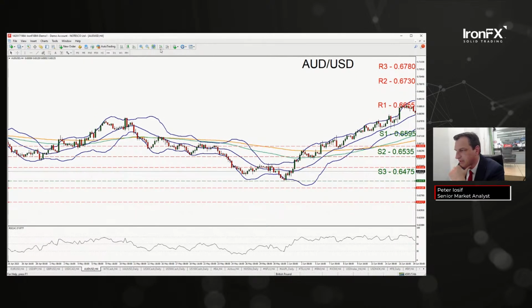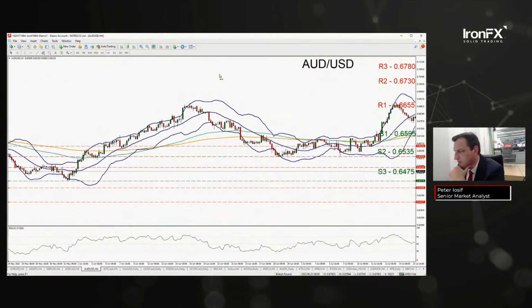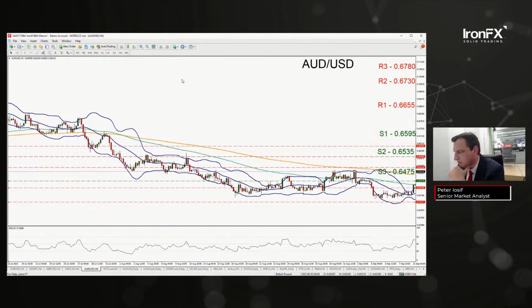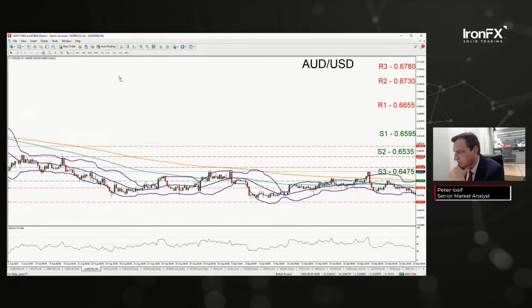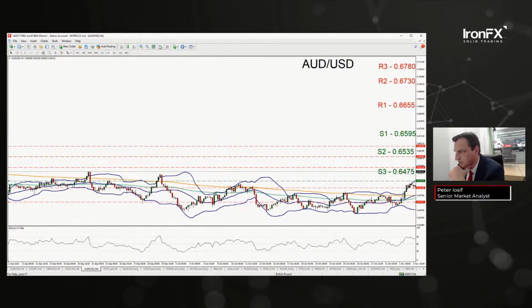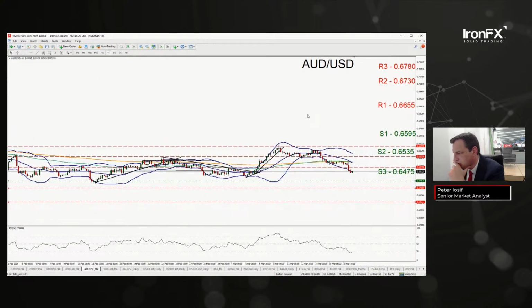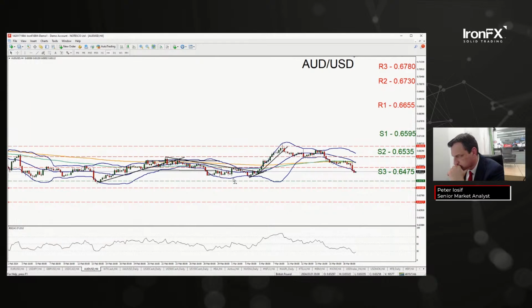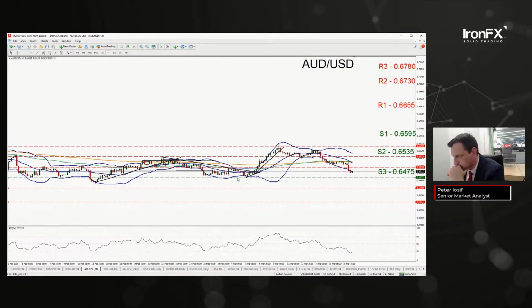Let's go further back. Could go higher. 0.6475 is the first support line. That's locking in.